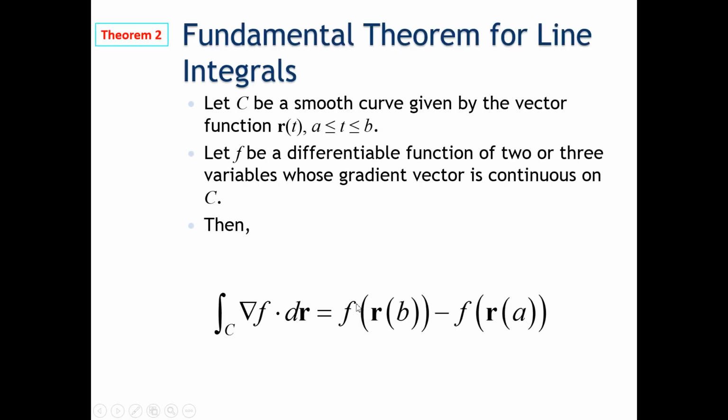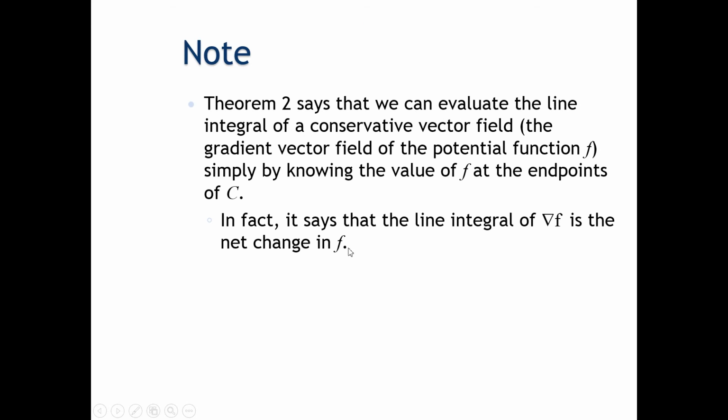In the previous section we learned that a vector field F is conservative if there is a potential function f such that F is equal to del f. So that is why we can conclude that we can evaluate the line integral of a conservative field simply by knowing the value of f at the endpoints of C, right?